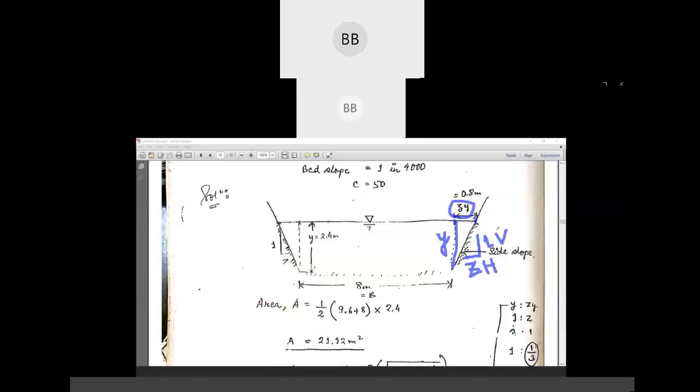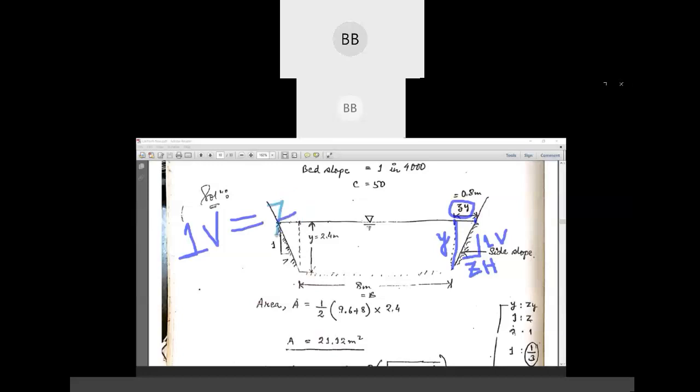Okay, so this 1 is nothing but your vertical. This is a vertical distance, and this z is nothing but your horizontal distance. Okay. So what we need to calculate is this distance. Definitely this distance, your horizontal distance. So what is given is one vertical is equal to z horizontal.